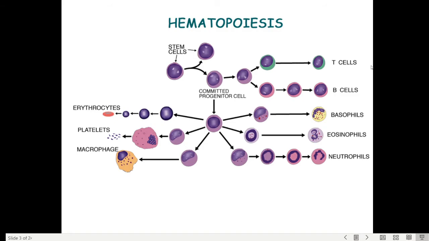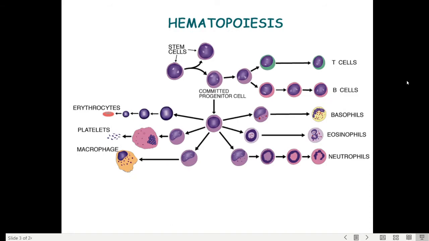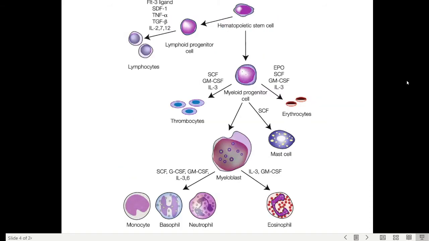The first slide is a basic introduction about hematopoiesis. Next step is what is involved in the hematopoiesis process.